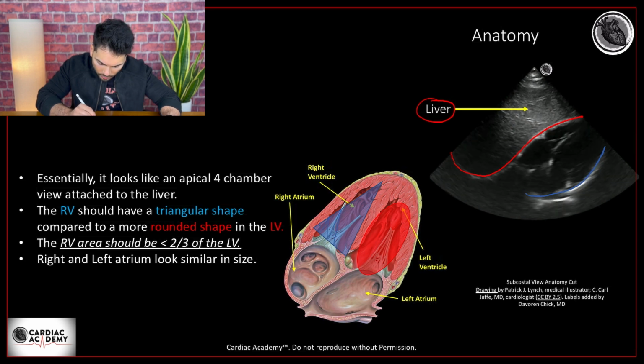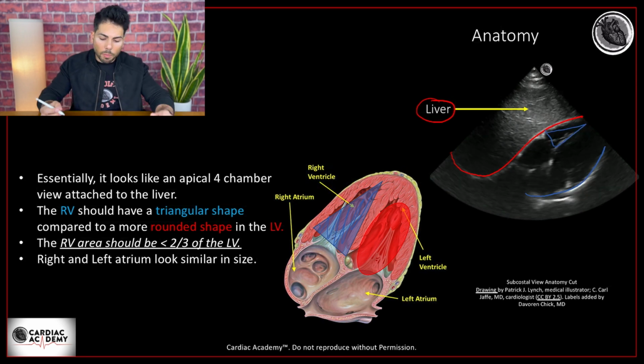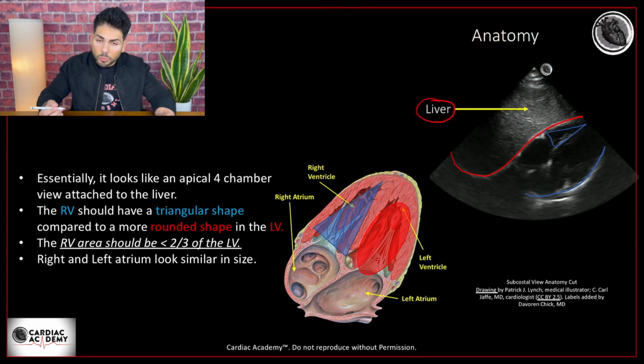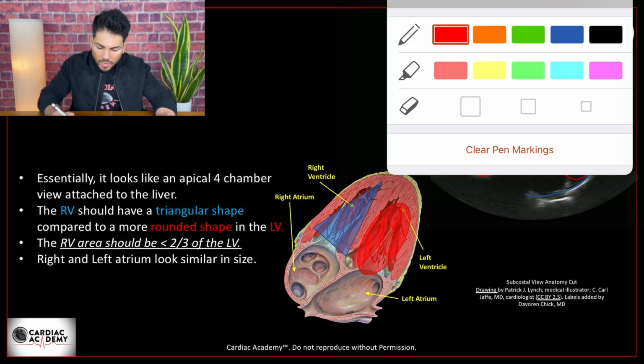You can see how it's more triangular. You can also see it here, more triangular in shape compared to the left ventricle, which is more rounded, right? You can see that here as well. This is normal. This is what you expect to see, okay? And then the left atrium and the right atrium should be the same size, okay?